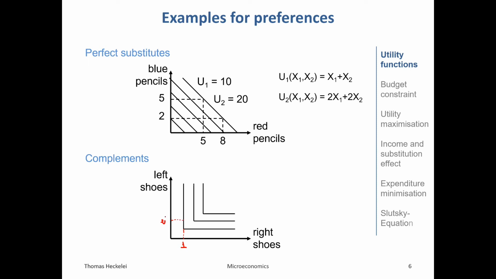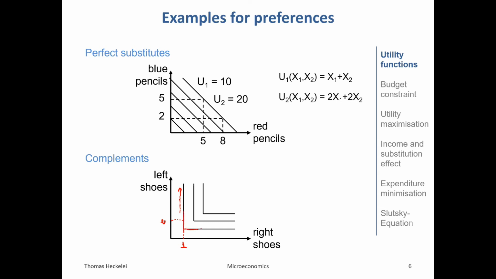The utility that you would get from this quantity of shoes is from only one pair, right? Because one extra left shoe wouldn't help. So similarly, doesn't matter how many more left shoes you have along this line, you will always end up on this indifference curve.